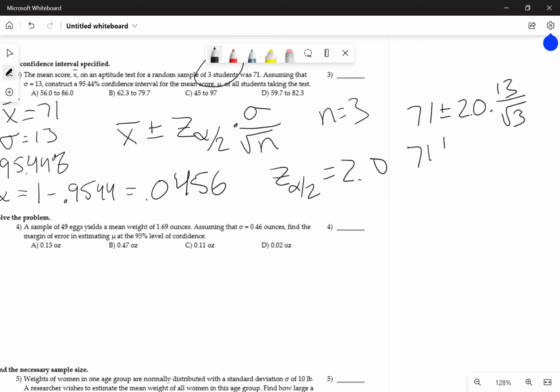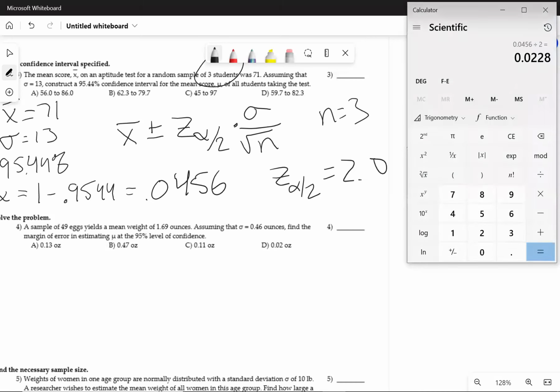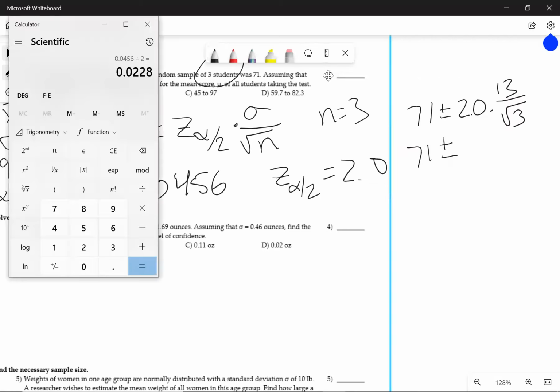So I have 71 plus or minus 20 times 13 divided by the square root of 3.